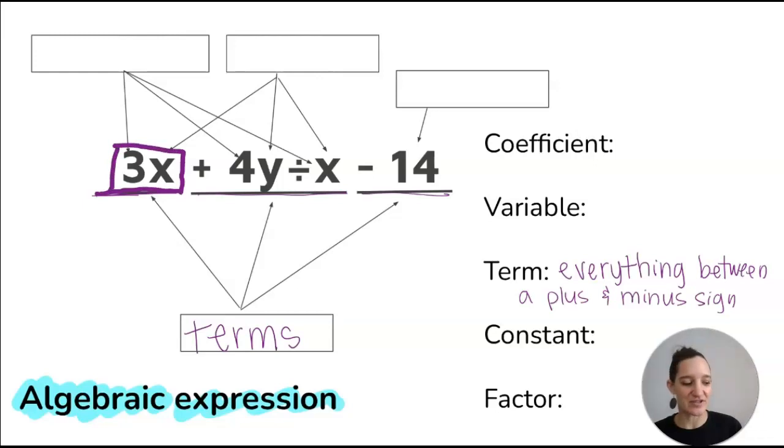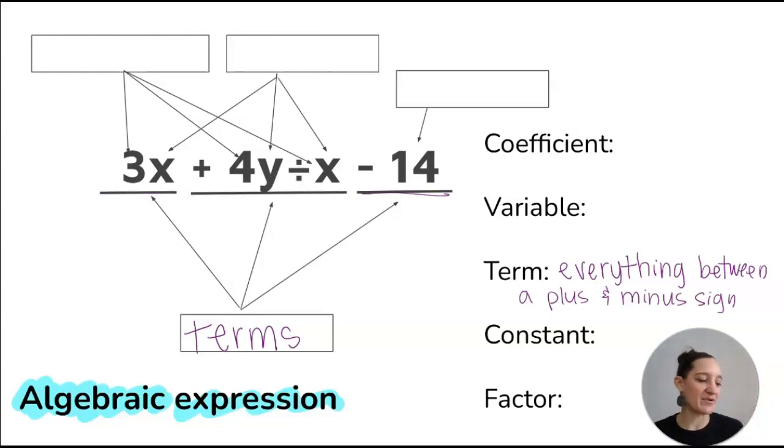And that is my first term. Then I begin again, and I underline until I get to, oh, there's a subtraction, I'm done. There is my next term. And I underline again till I get to the end. So this expression has 3 terms. Okay, that's a term. We'll practice all of these.